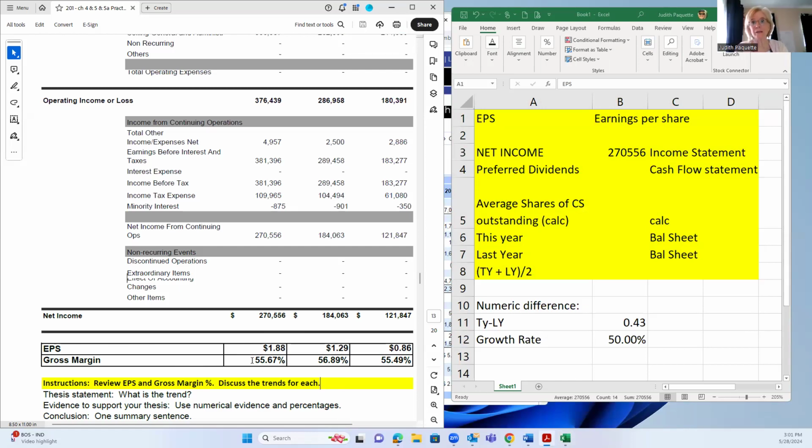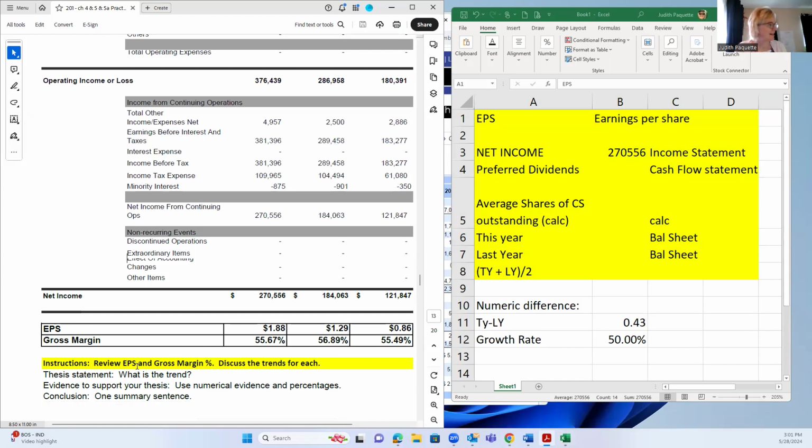I'm not asking you in this problem to calculate earnings per share. I'm saying, give me the trends, which will include numeric evidence and percentages. So the numeric evidence for each pair of numbers, $1.29 compared to 86, $1.88 compared to $1.29, okay?